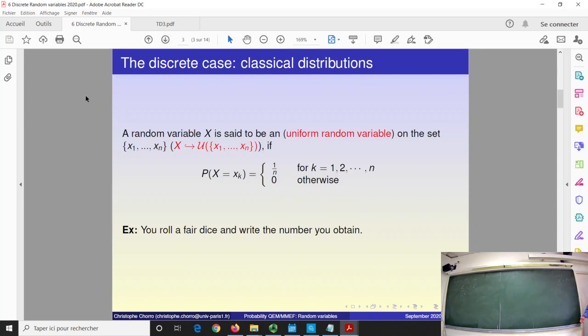If I change this, I will change the value of my expectation, but keep in mind that what I have in this situation, just the mean, is a very special case, the most basic case for the definition of the expectation.